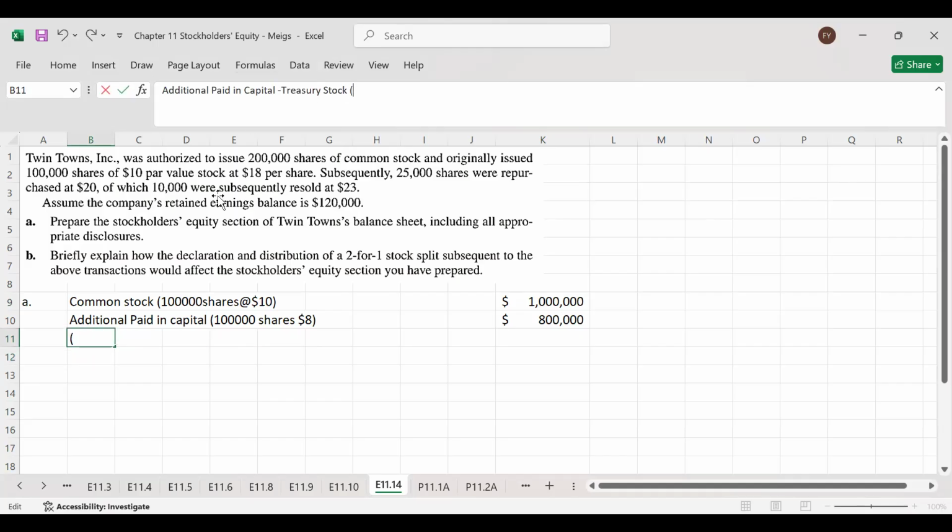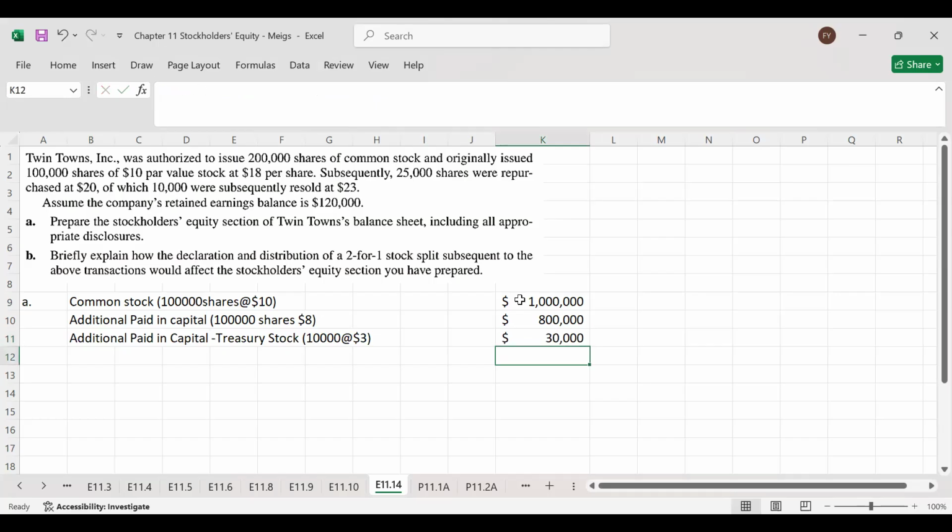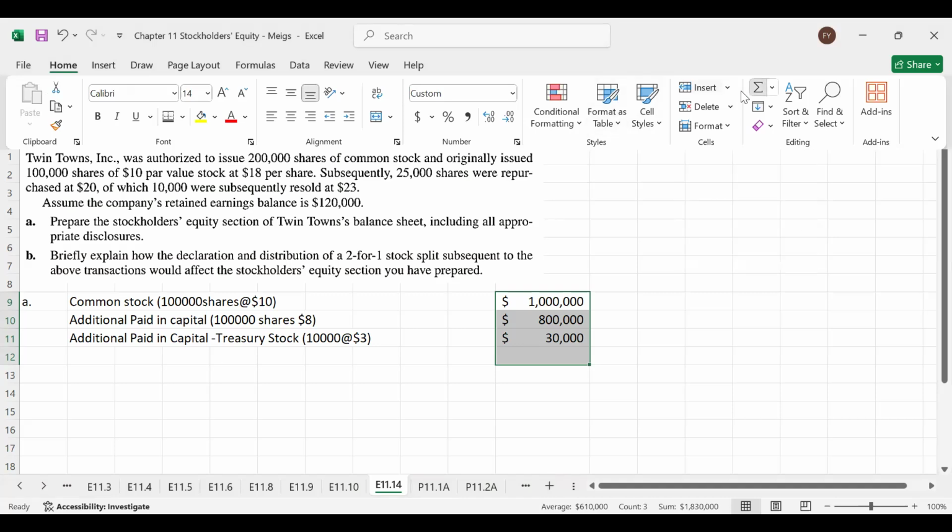The company repurchased 25,000, out of which the company subsequently resold 10,000. So this additional premium is on 10,000 shares, at the rate of $3. So 10,000 multiplied by 3.